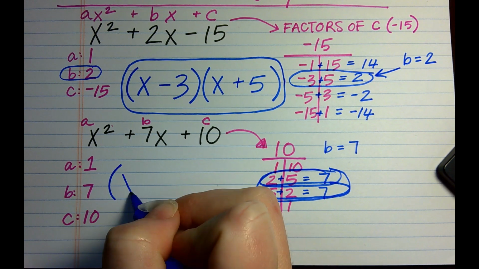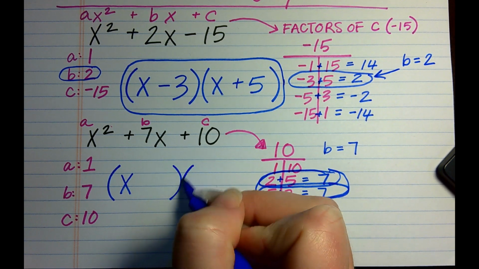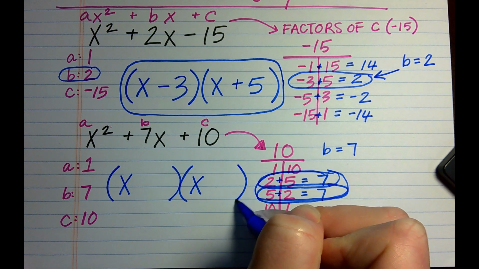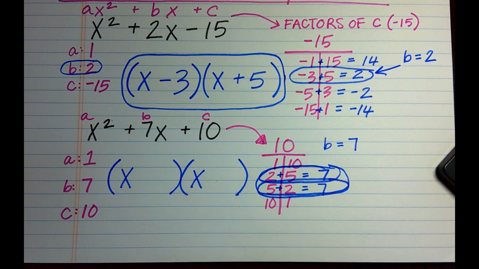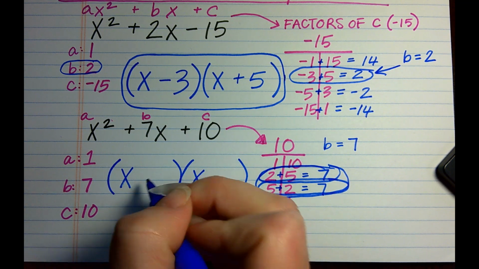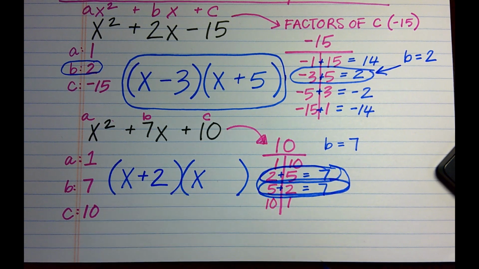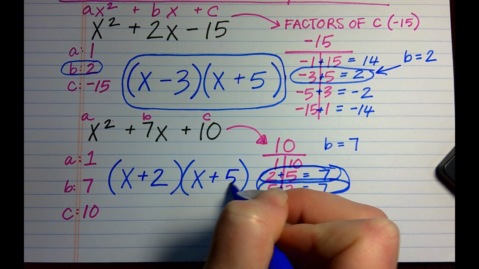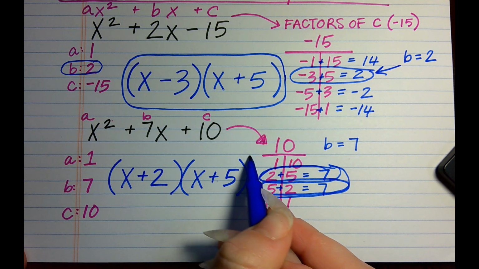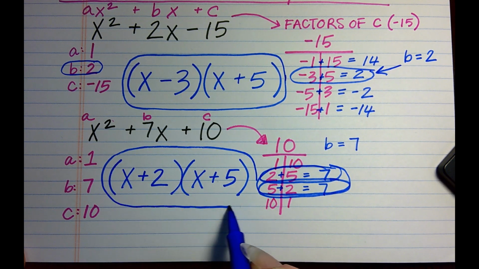So we're going to write our x and our x. And we just need to figure out what to fill in those blanks with. The 2 and the 5. Plus 2 and plus 5. Good. And that's our answer.